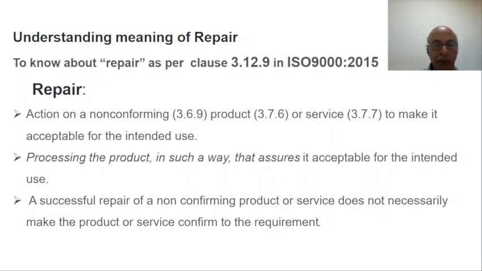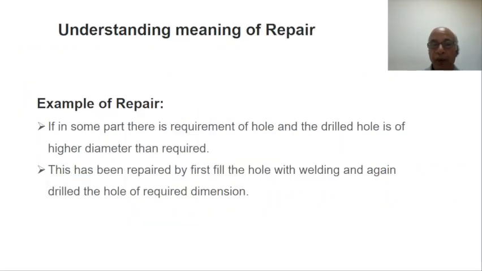A successful repair of a non-conforming product or service does not necessarily make the product or service conform to the requirement. It may not be necessary after doing the repair activity. So this is the definition by ISO 9000:2015.